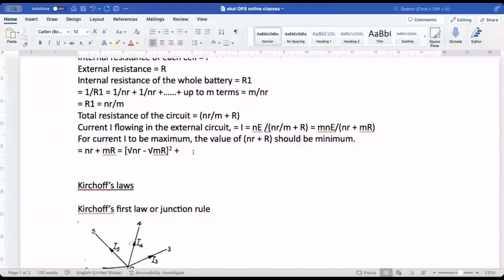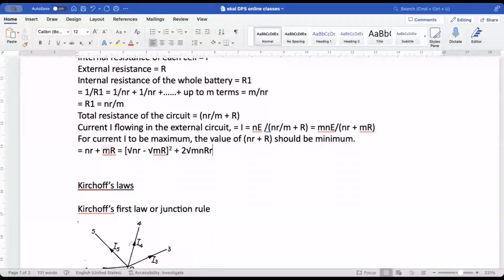So this is equal to plus 2 root of mnRr. That's the total value.